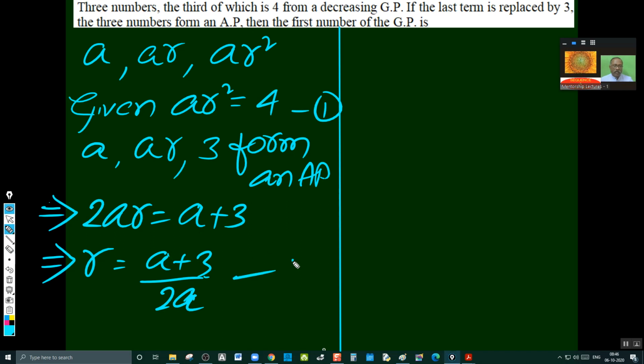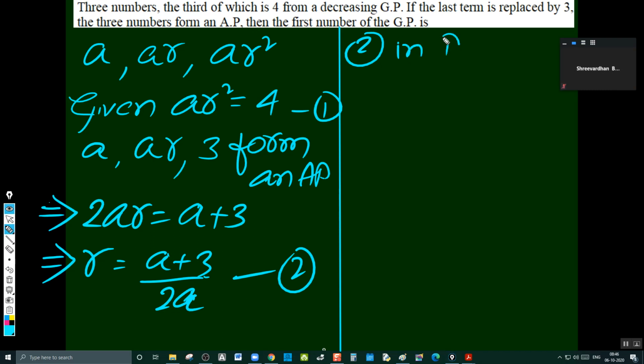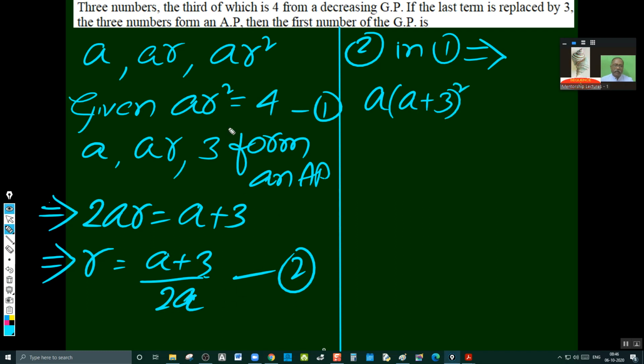It is done. 2 in 1. Sir, A is equal to 1, and A is equal to 9 is coming as the value of A. Okay. That is A into (A plus 3) whole square, I'm replacing R here, divided by 4A square. This is 2A whole square, equal to 4.